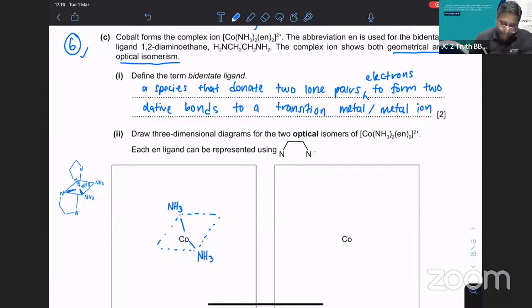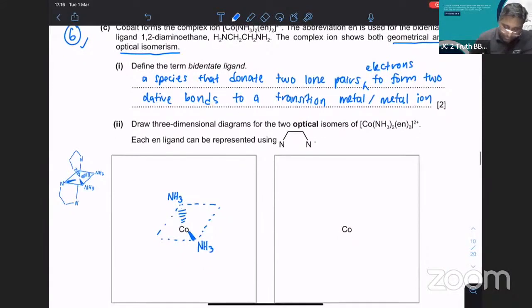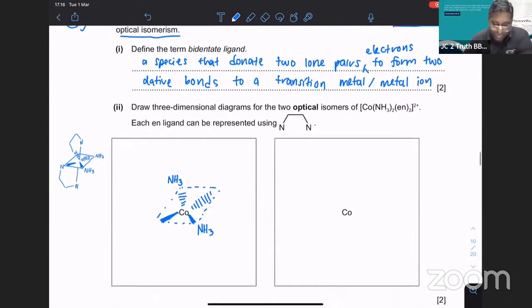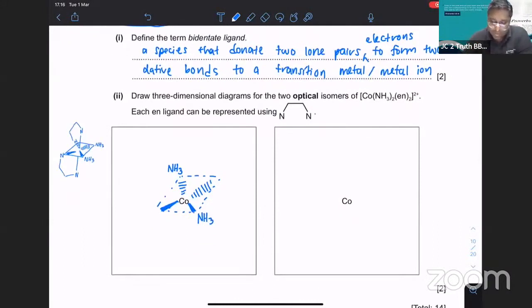If you want to show it in 3D, you show them like this, and the one that is going behind, you show like this, like what we did earlier. This one is similar, they will go here, and then this one. So we have en, but they ask you to show in this form.